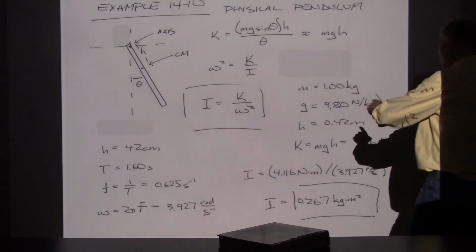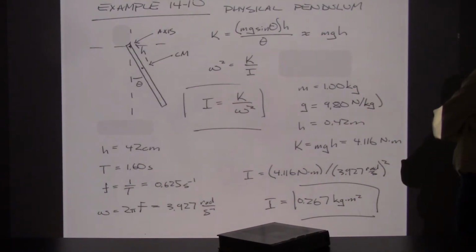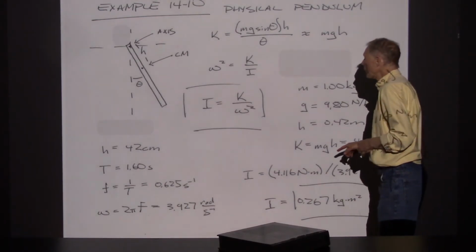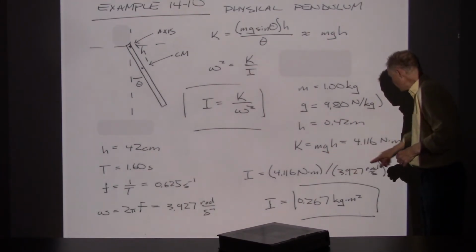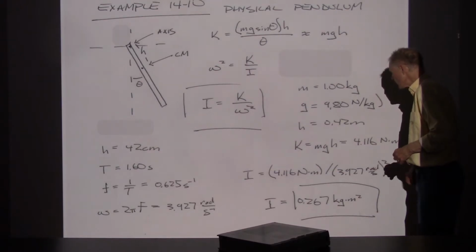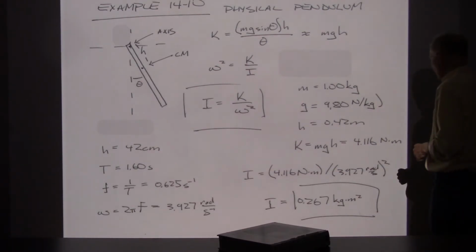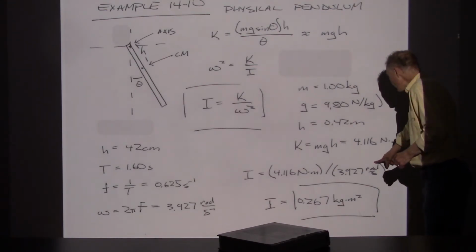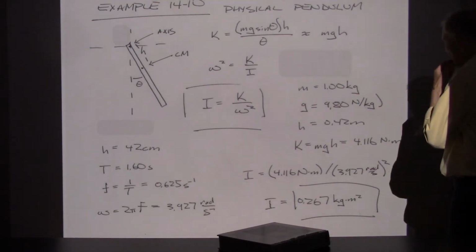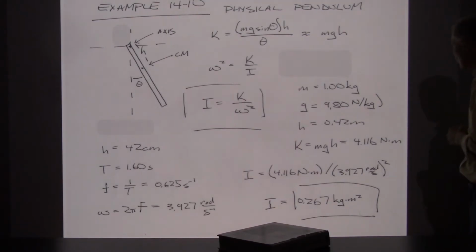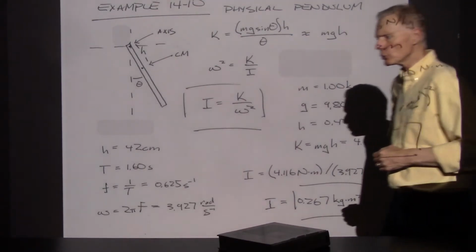If I follow this formula, I'm going to take k and divide through by 3.927 radians per second squared. The seconds will remain, but the radians we can just drop. So we'll just drop the radians, and that leaves us at 0.267 kilograms times meters squared as the rotational inertia.